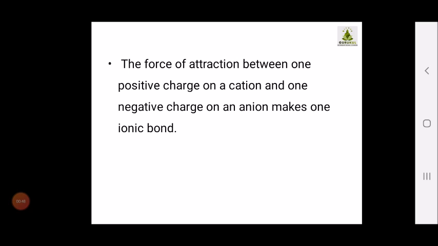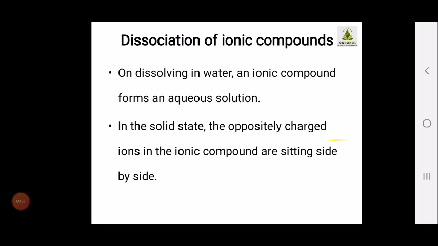The force of attraction between one positive charge on a cation and one negative charge on an anion makes one ionic bond. Now, what happens during the dissociation of ionic compounds? On dissolving in water, an ionic compound forms an aqueous solution.